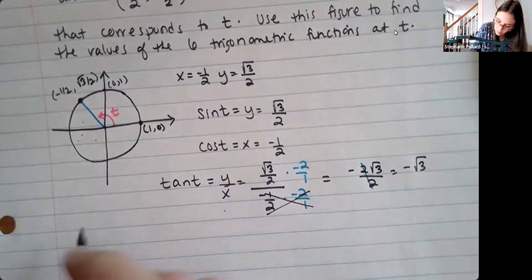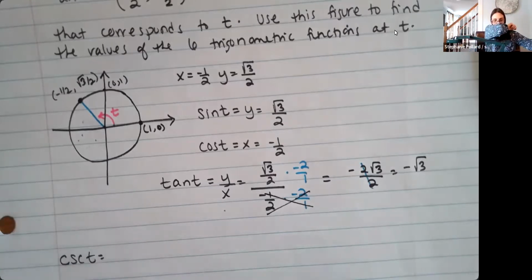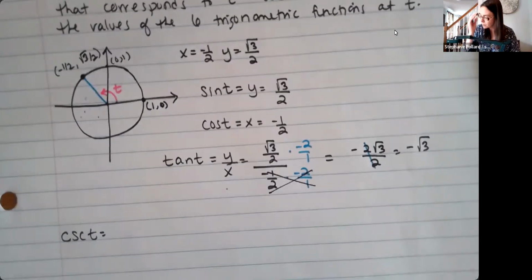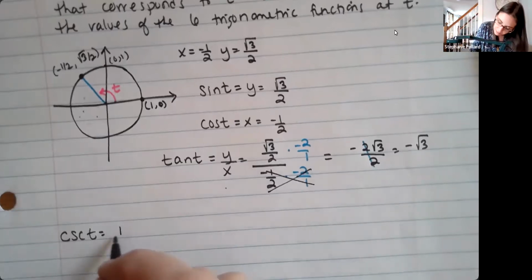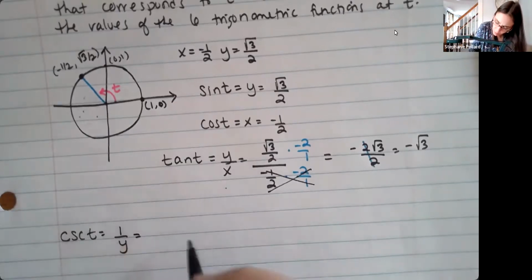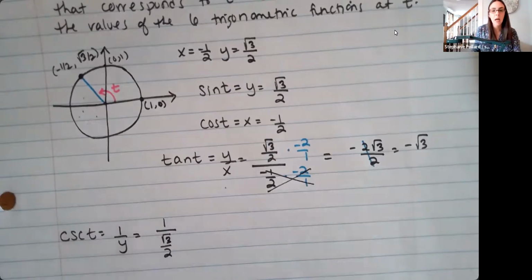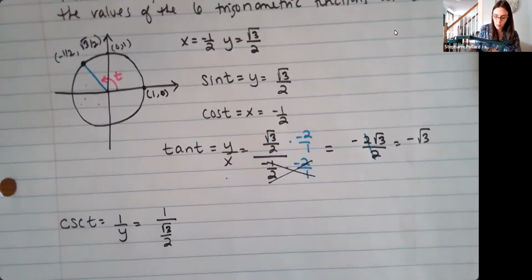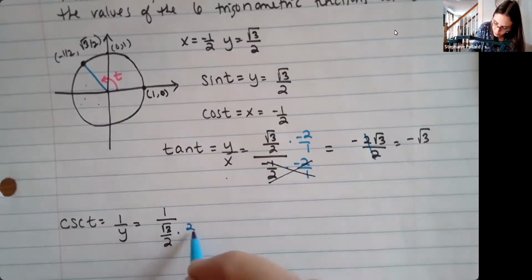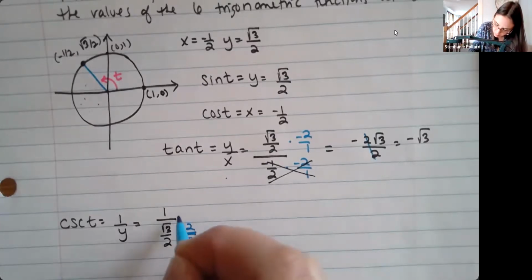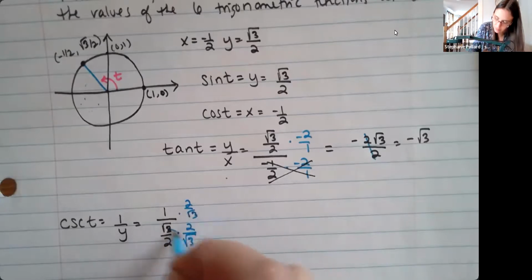So the next one we would have is cosecant, which is 1 over y. So 1 over y would be 1 over √3/2. Here you do a little bit of work. You're going to want to flip this, multiplying by 2 over √3 to cancel it in the bottom.